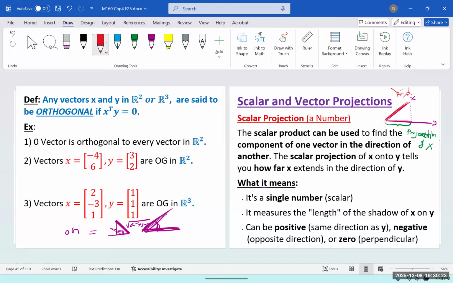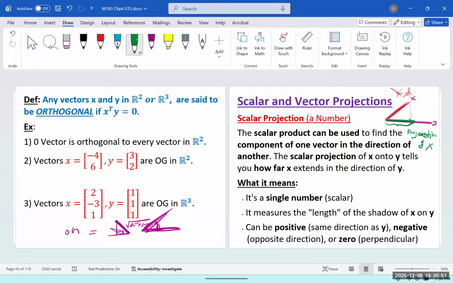So if you lit a light, how much does this x vector take up from the y vector? If you're looking for how much, that's called a scalar projection. It's a number. And then you want to know, well, in the y vector, what is the projection vector? Definitely the entire vector is not the projection vector. Our projection vector is only from here to here. So what's the location of this projection vector?